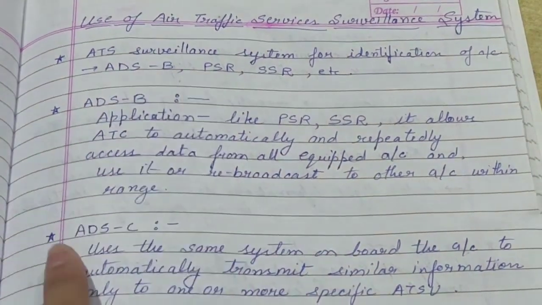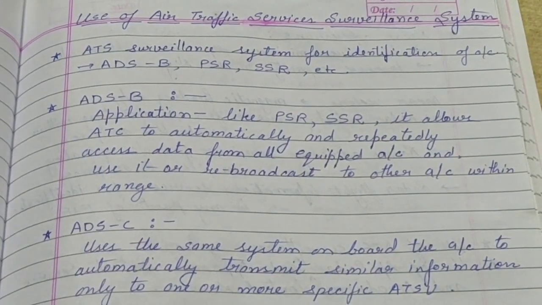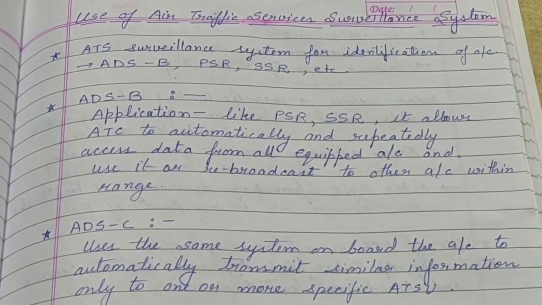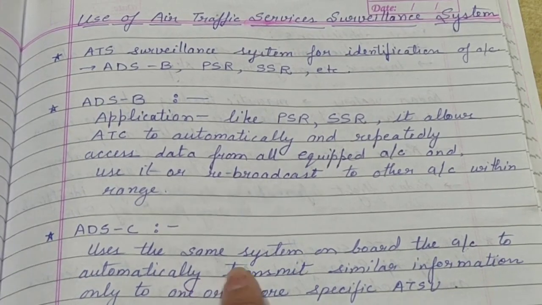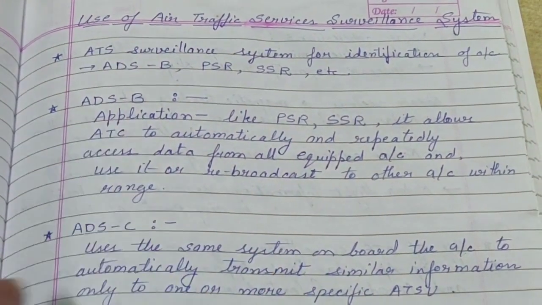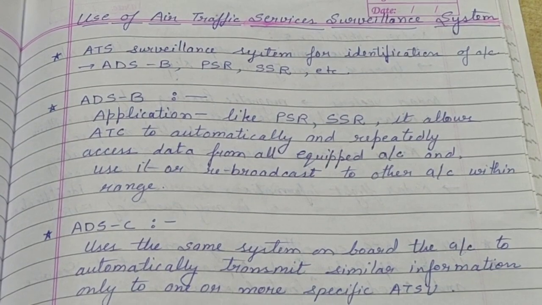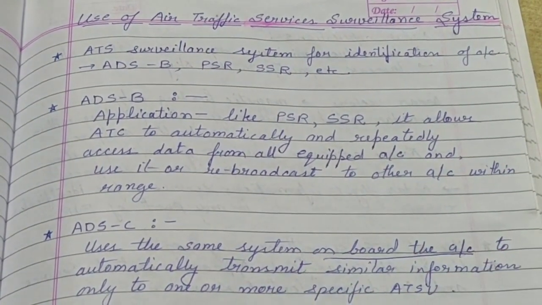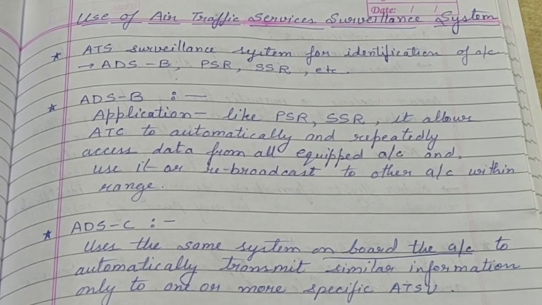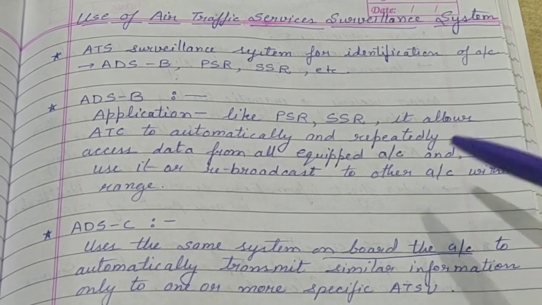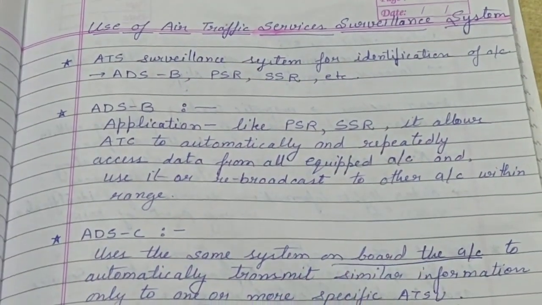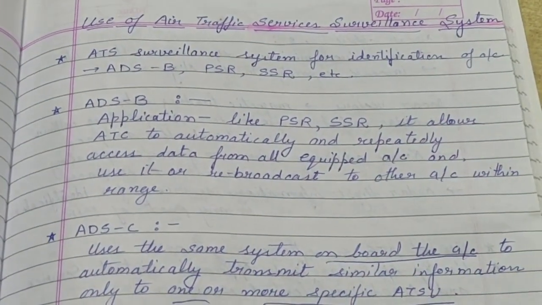We discussed ADS-B. Now ADS-C. In this case, C stands for contract. Its uses are the same as those of ADS-B, but it is on board the aircraft and automatically transmits similar information only to one or more specified ATSUs or the AOC.